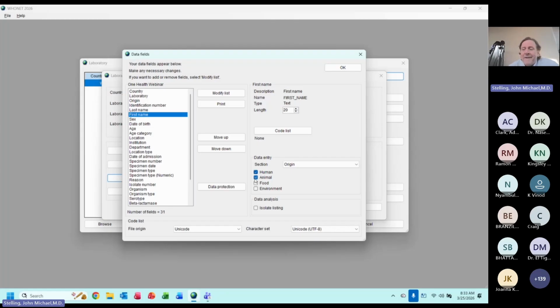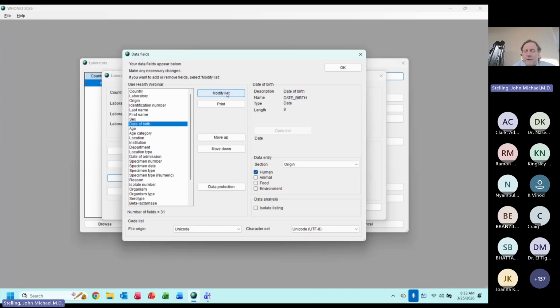You know, the animals on the farm don't have names, but the animals at home and the horses do get names. So I have a veterinary system where they do keep track of the companion and large animal names. So it is configurable. Date of birth, obviously animals have dates of birth, but we don't usually know those dates of birth. But you can say yes or no as to what fields you want to include or exclude.